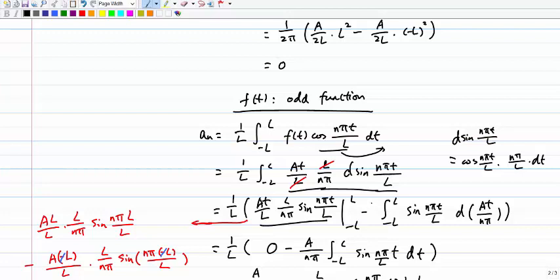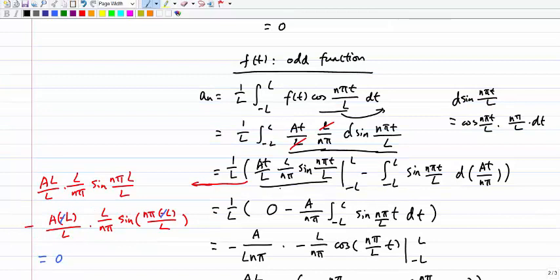So we do that, and this one is equal to the integration of this guy times this guy, the whole thing, minus, I swap the order, the integral from negative L to L of sine n pi t over L dt. On this side, the L and L cancel out, leaving A over n pi. Now if you evaluate this part at negative L and L, this is 0. Why?